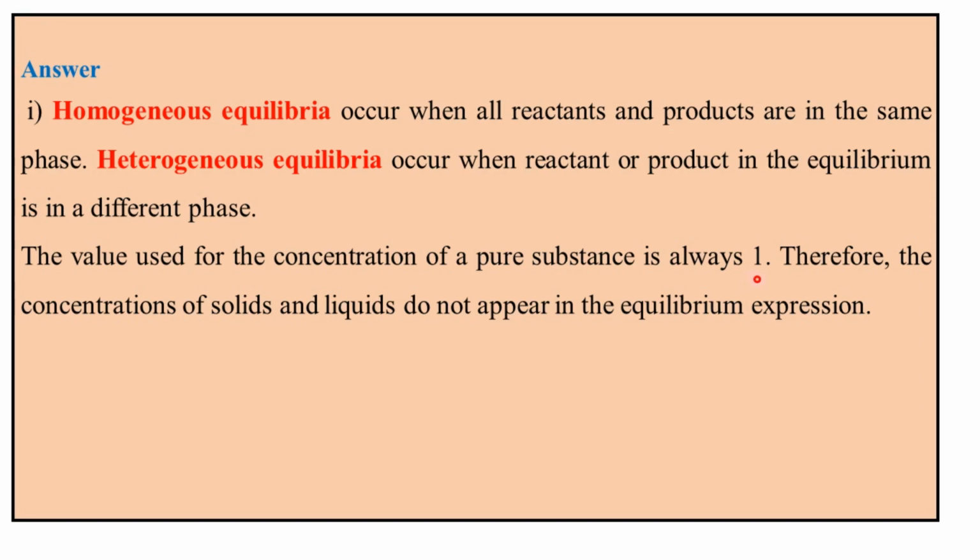That means if they are reactants, you are not going to see them. If they are the products which are pure, you are not going to see them in the equilibrium expression because they are given a value of 1.